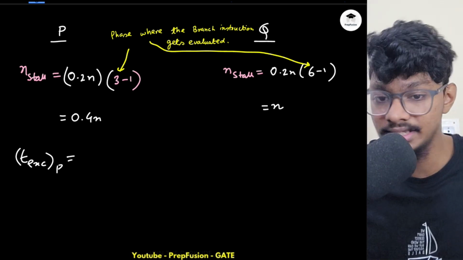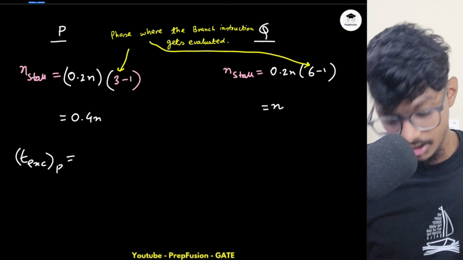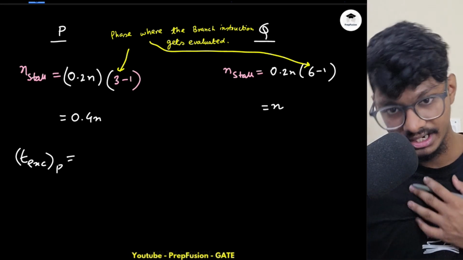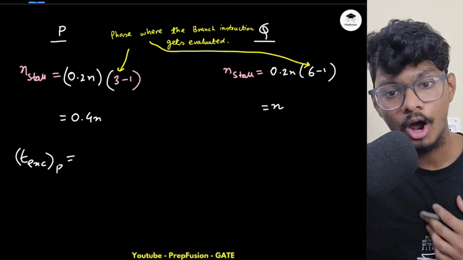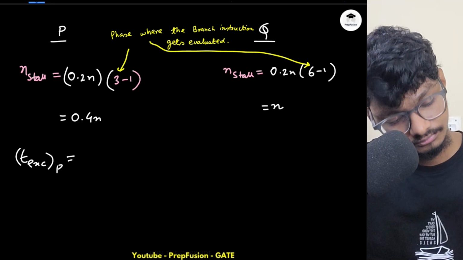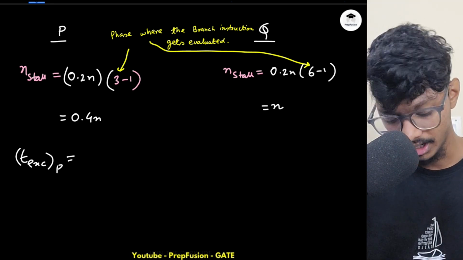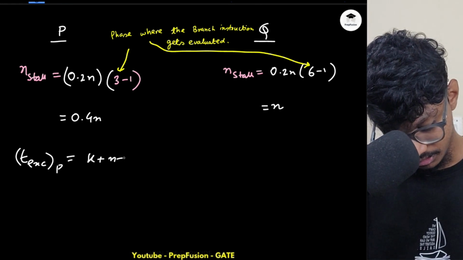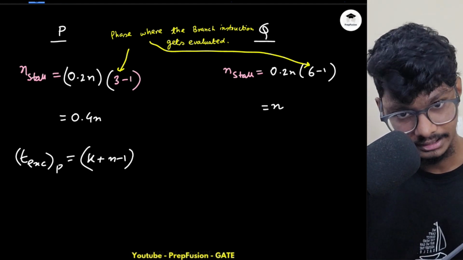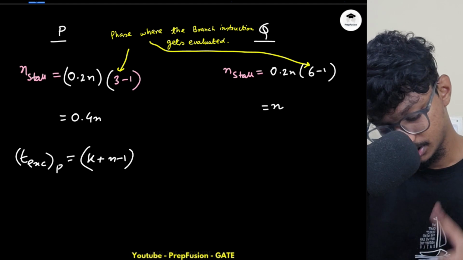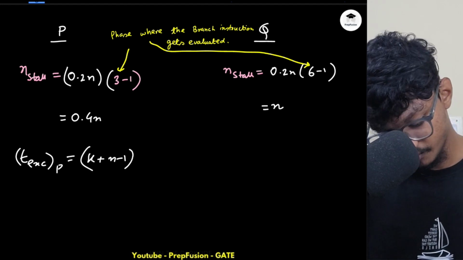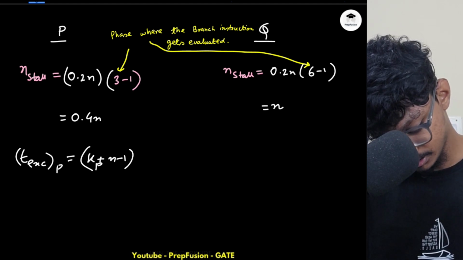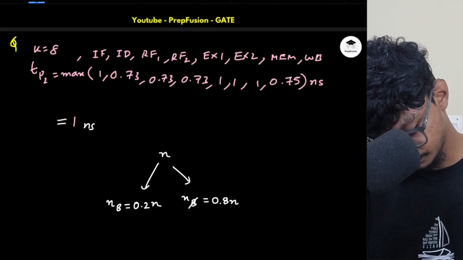Normally, how many cycles I needed to provide? K plus n minus 1, correct? This is the number of cycles that I needed to provide. This will be Kp.